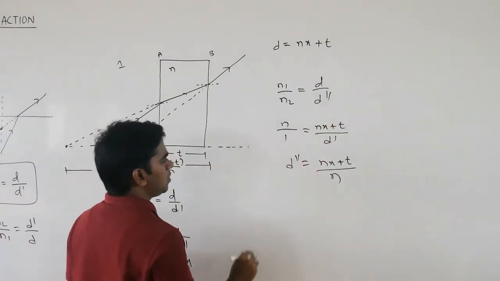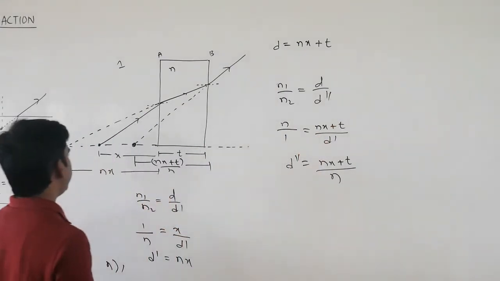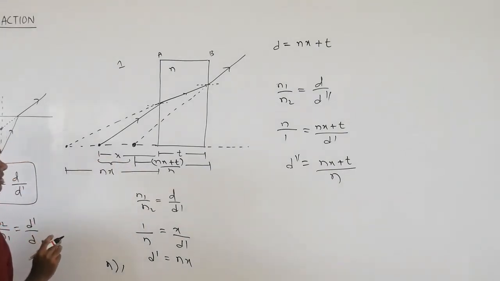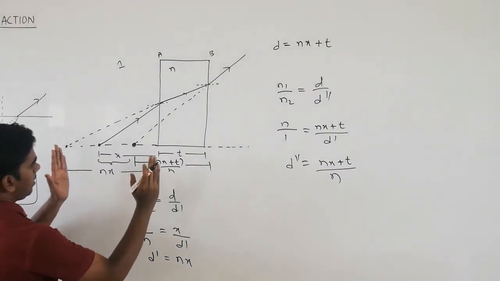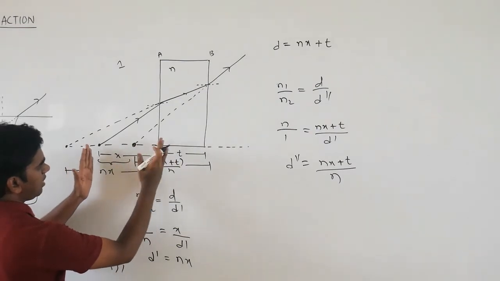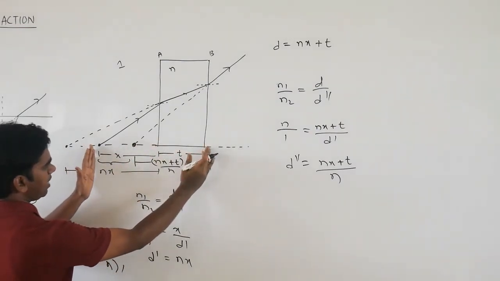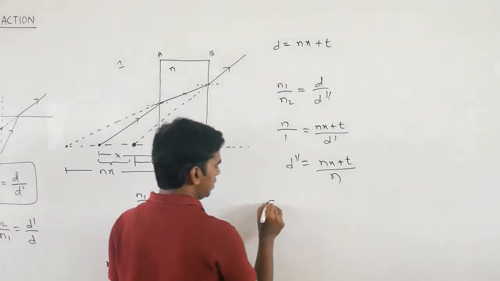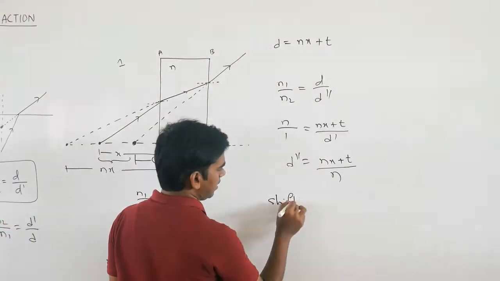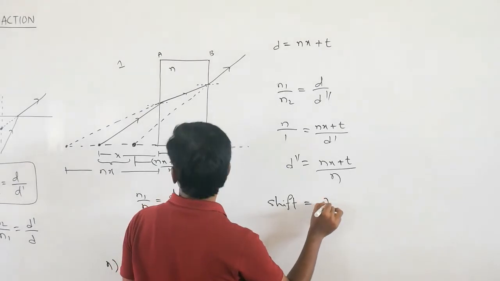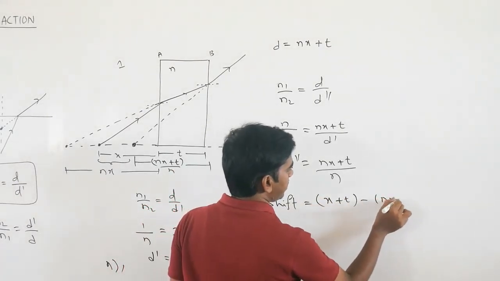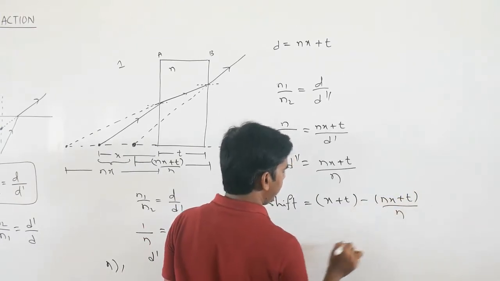Now what is the shift? The shift is taking place from here to here. Can I take the shift as x plus t minus nx plus t by n? So the shift equals x plus t minus nx plus t divided by n.